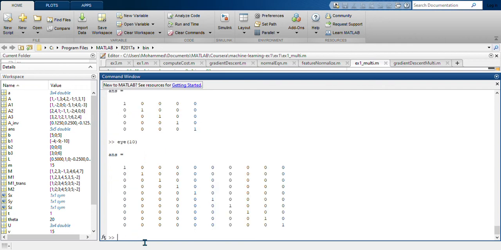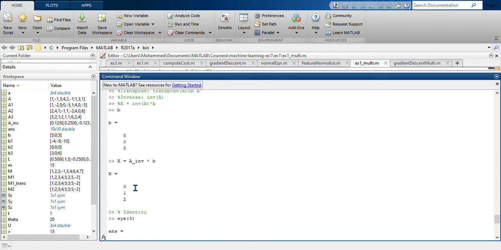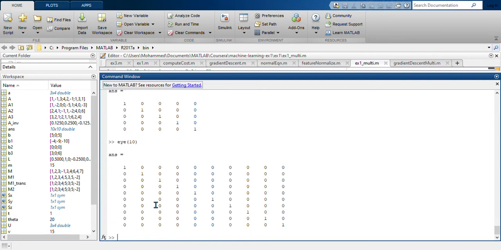As of now you don't have any need for this, but sometimes we may need to generate the identity matrix, and the MATLAB command to do so is eye. We can specify the size of the identity matrix that we need. Whatever number we put inside the bracket, the identity matrix will be a square matrix of that size.